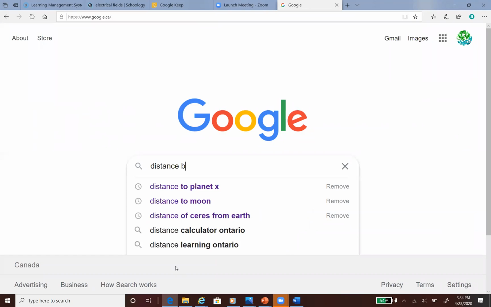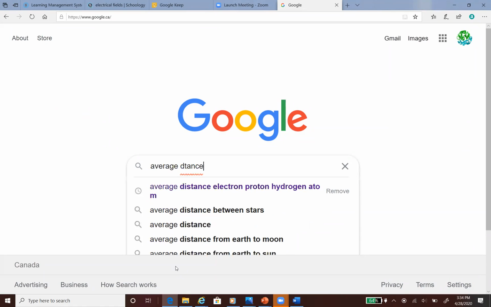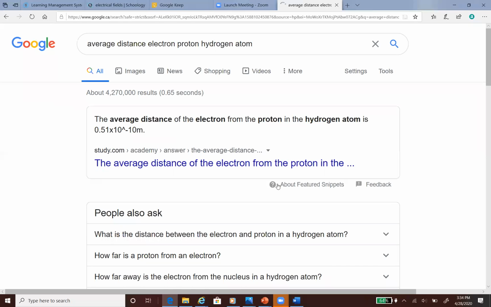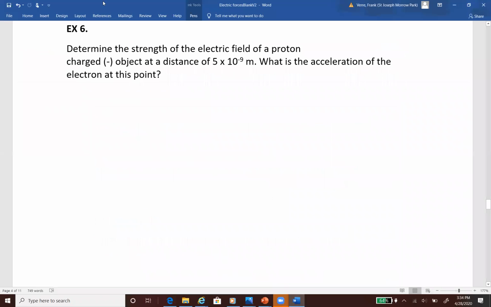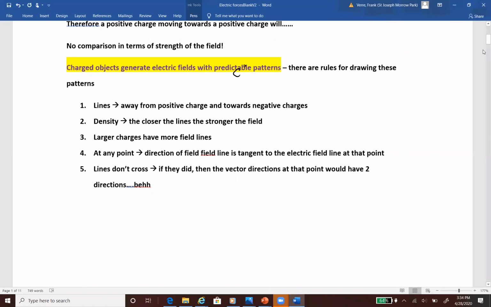Average distance between electron and proton in a hydrogen atom. So it's 0.5 times 10 to the negative 10. So that's not correct then. This should be 0.5 times 10 to the negative 11. So let's fix that.